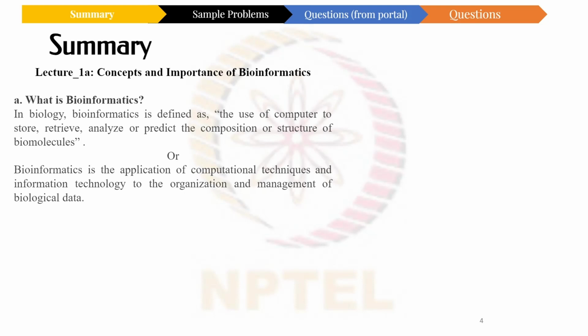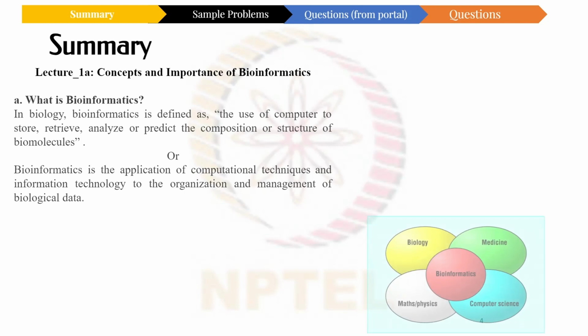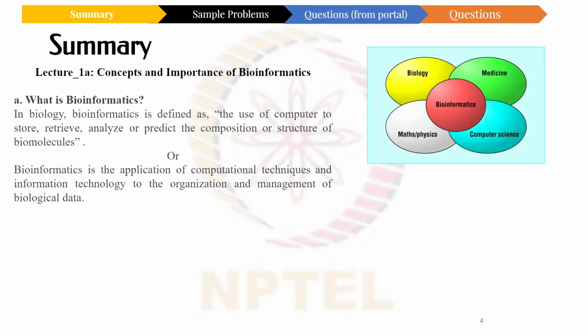For example, can we imagine a world where the complex details of biological data are seamlessly organized, managed, or analyzed with the help of advanced computational techniques and information technology? This is precisely known as bioinformatics. So, what areas does bioinformatics include? Bioinformatics is a highly interdisciplinary field that draws upon various domains.